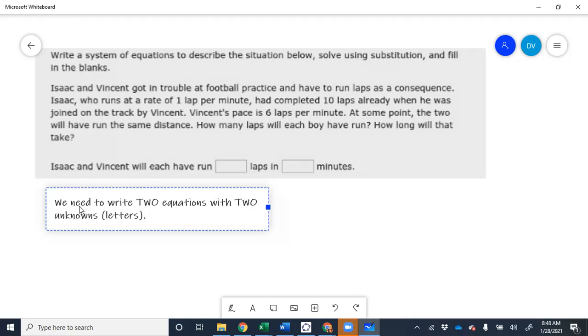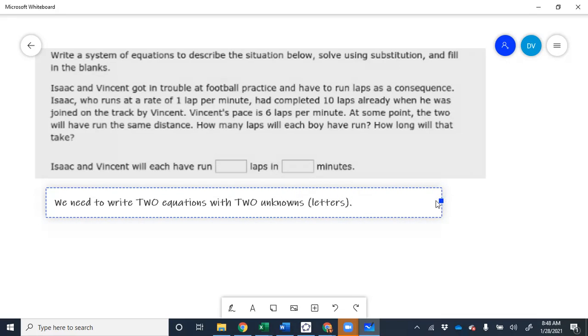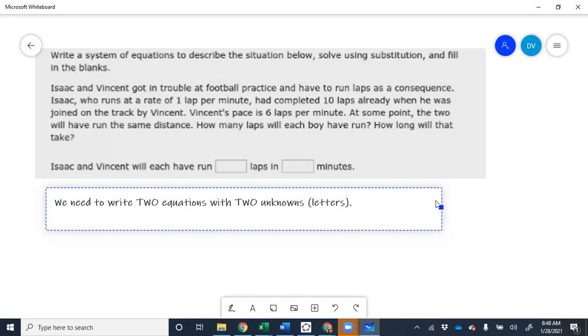Okay. All right, let's make that no longer. We need to write two equations with two unknowns. The two things that we don't know in this problem are how many laps and how many minutes.